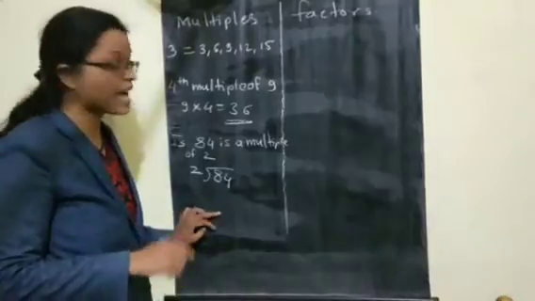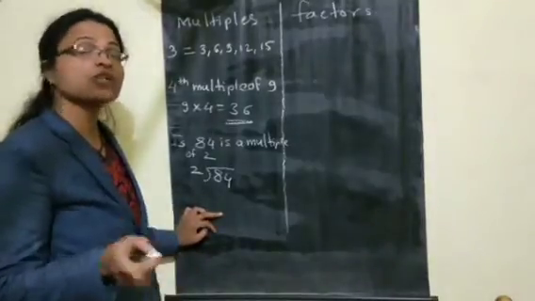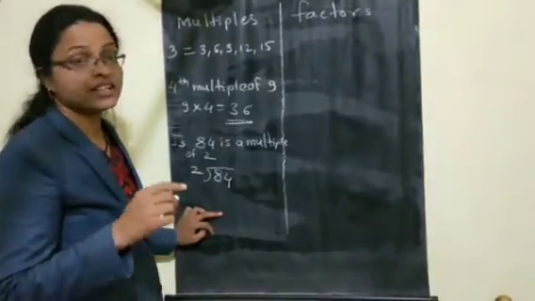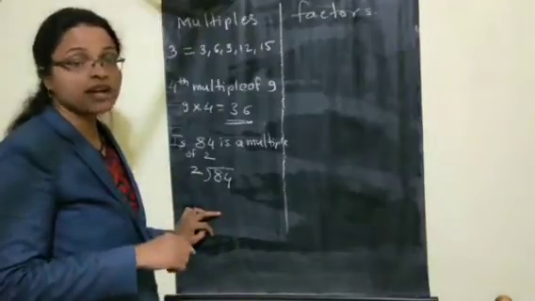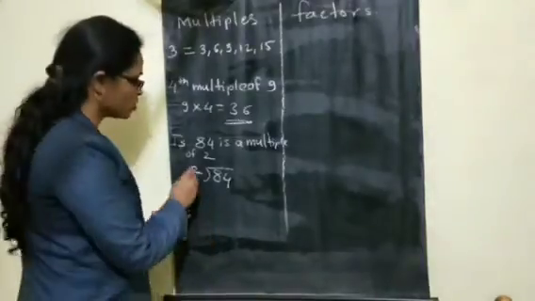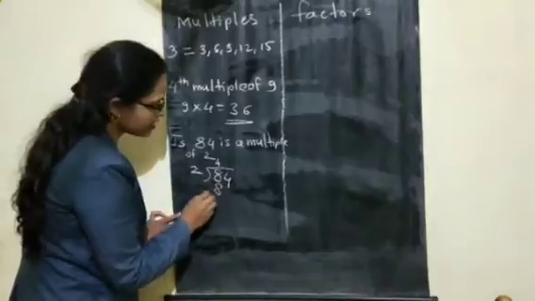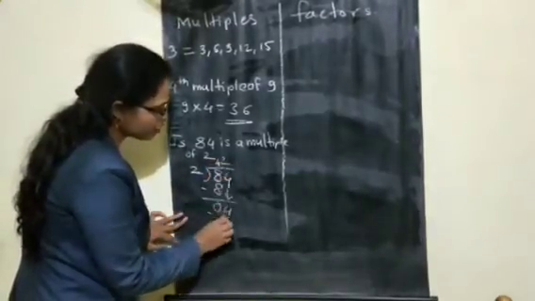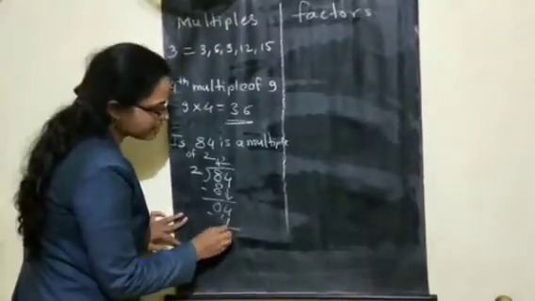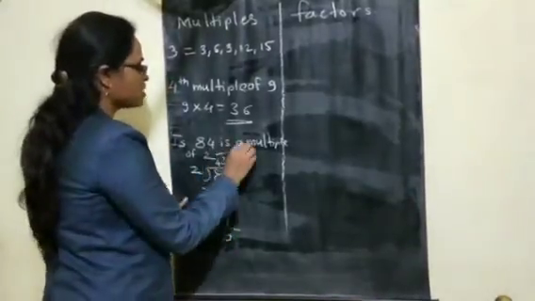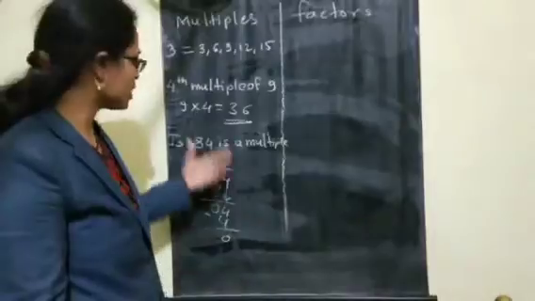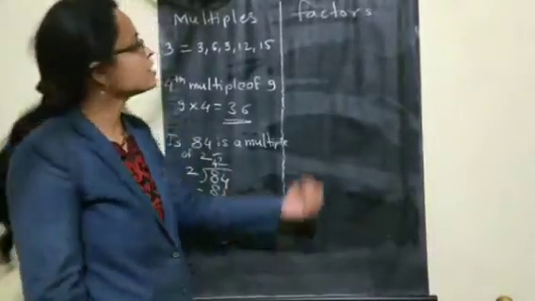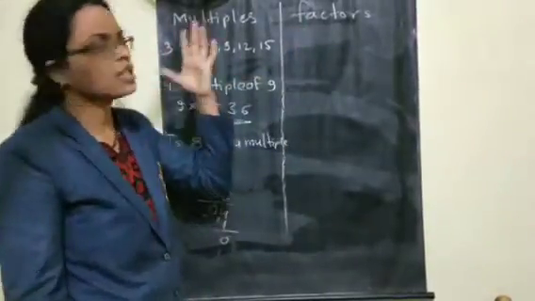After dividing, if exact division is there, then you can say yes. If you get any remainder, then it is no. So 2 4s are 8, 0, take the 4 down, 2 2s are 4. You are getting the exact division. So yes, 84 is a multiple of 2. Like this you people have to solve. Okay. Similarly, now in the factors.